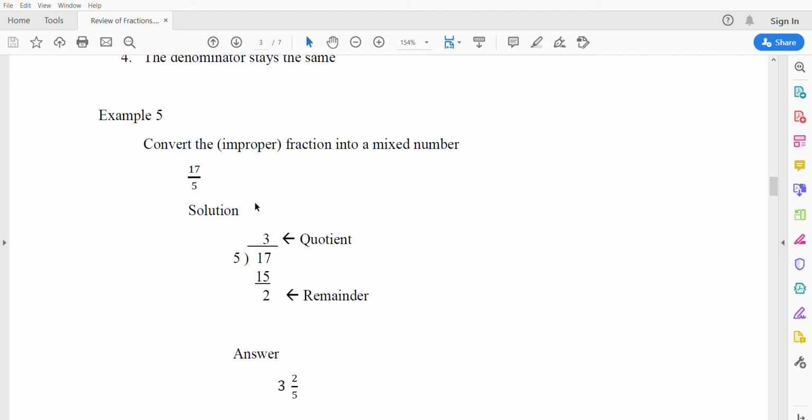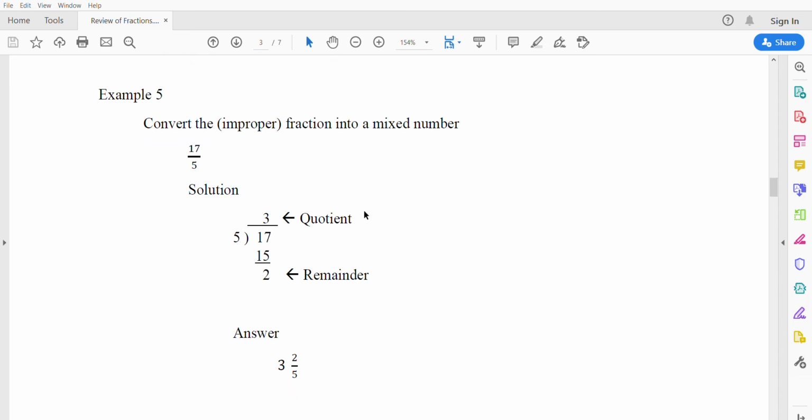And in this long division setup, this top number is my quotient, and this bottom number is my remainder. So the quotient is the whole number, so that's going to be 3. The remainder is the new numerator, and I keep the same number on the bottom. So 17 over 5 becomes 3 and 2/5.